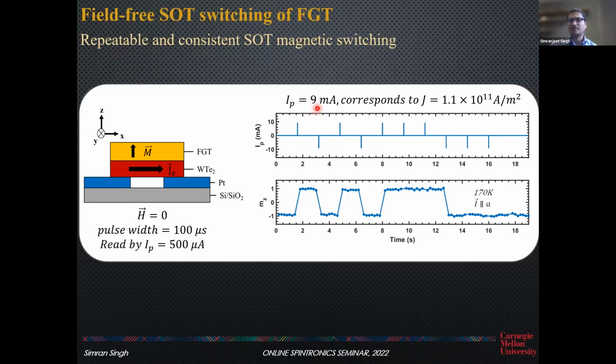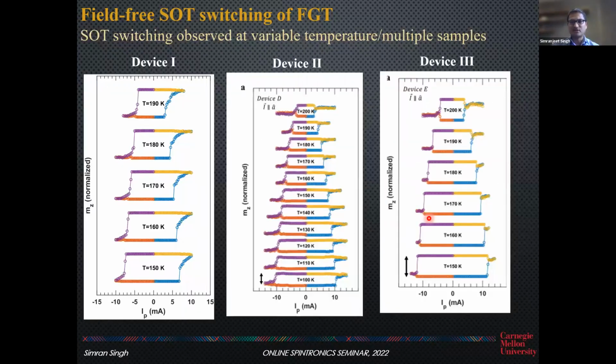For example, in this case 9 milliamps, corresponding to approximately 10^11 amps per meter squared. By just switching the polarity of the pulse, we can go from down to up, and this shows that we can very consistently switch the magnetic state of FGT.